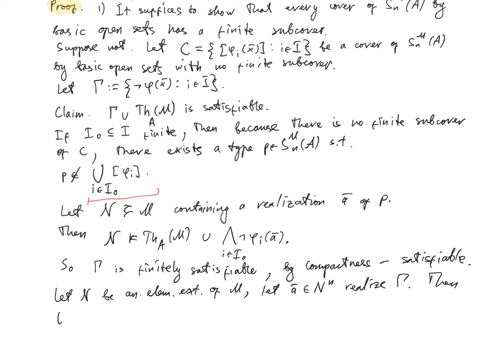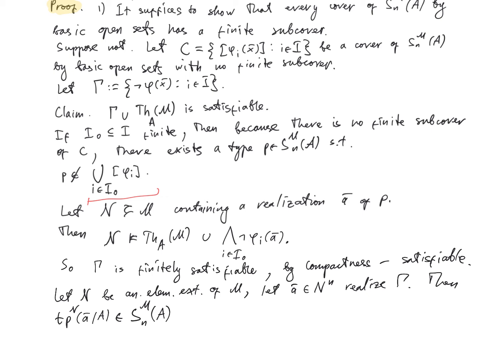Then we have that the complete type of a bar over A in N belongs to the space of complete types over A in M. So remember, when A is a subset of M and N is an elementary extension, then the complete types over A in N, or in the sense of M, represent the same set.